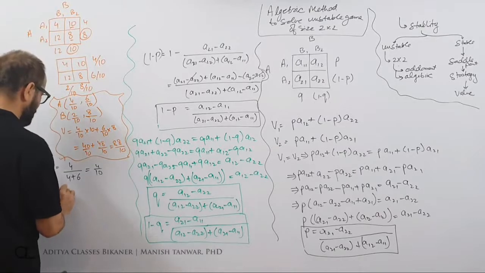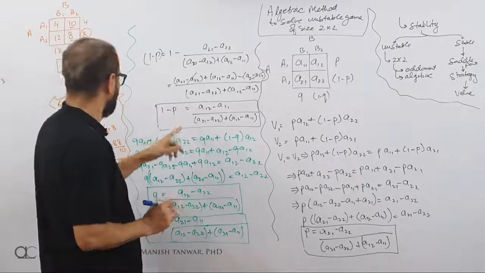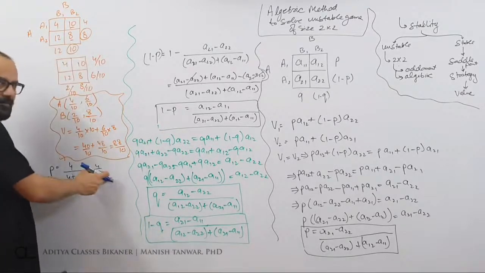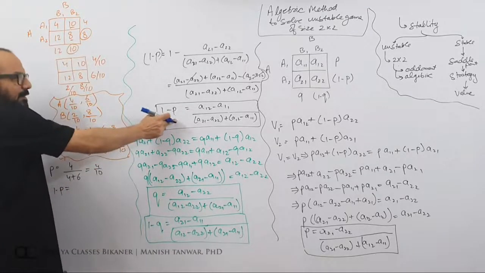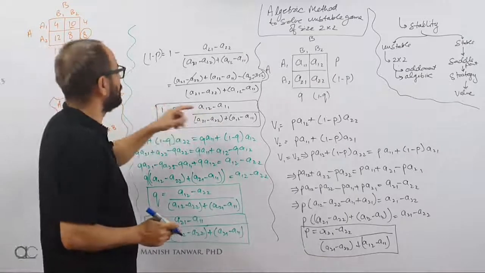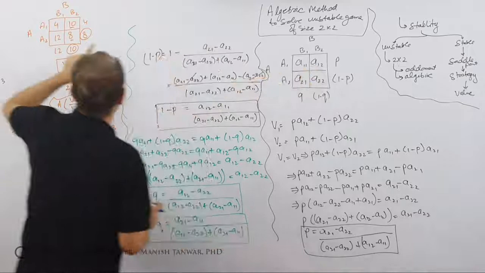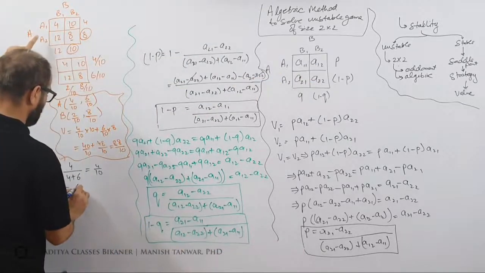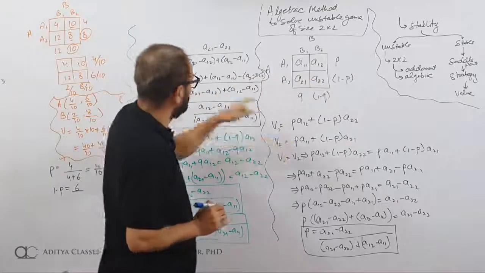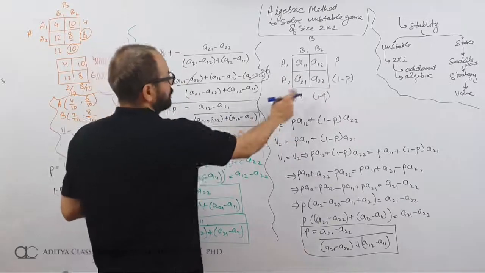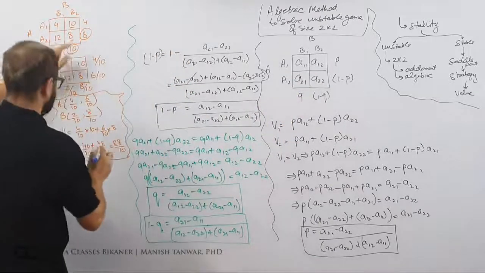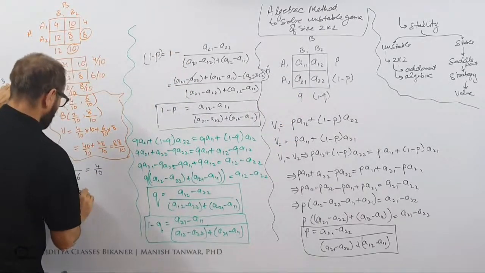So 1 minus P would be, either you can find out directly from 4 by 10 or we will try to find out algebraically. A12 minus A11, 10 minus 4, then we have A21 minus A22, 12 minus 8 is 4.